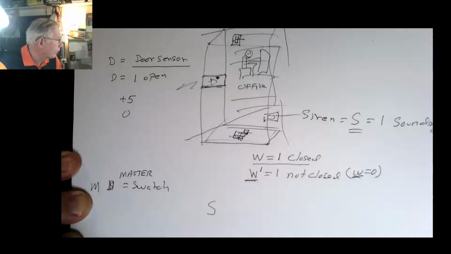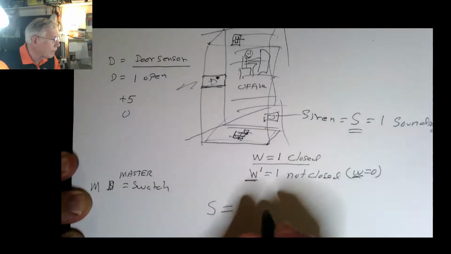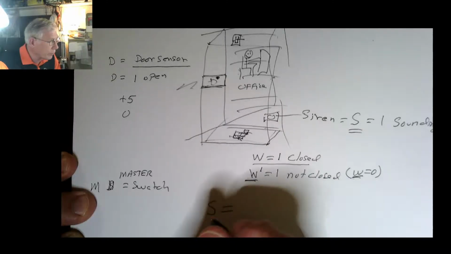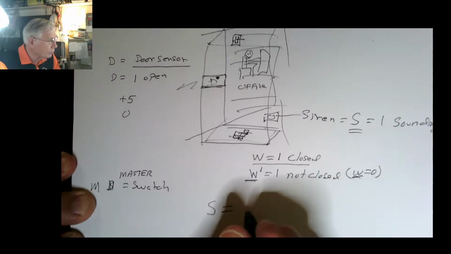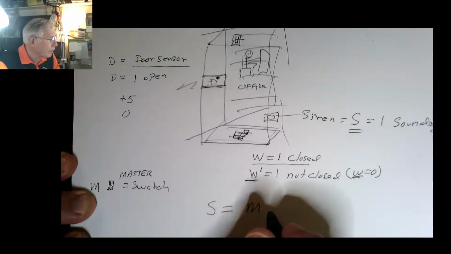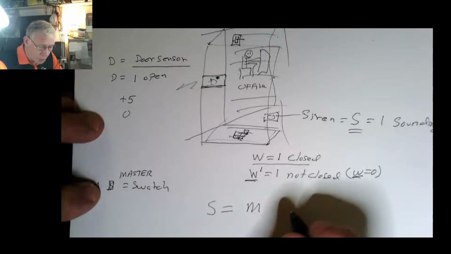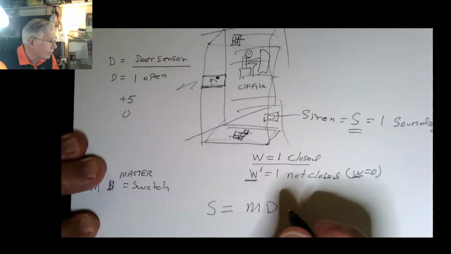So S is going to equal... it'll be sounding if and only if the master switch is on. So M equals 1, and the door is open. So that's going to be D, because D equals 1 is open.